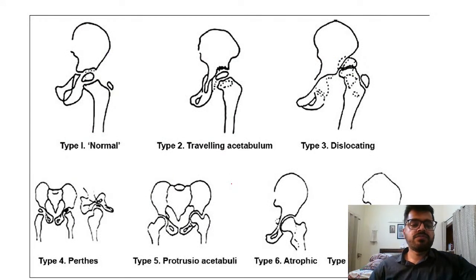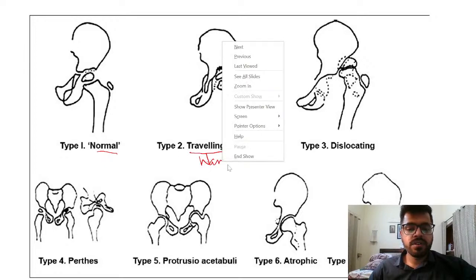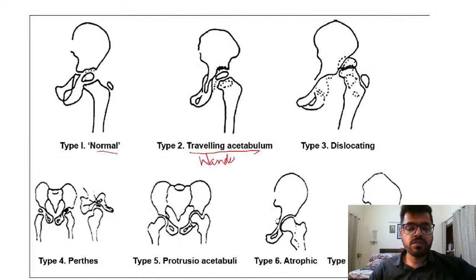Then we have another classification of TB hip. You don't need to remember this, just look at these words. This might be asked sometimes. Traveling or wandering acetabulum has been asked. Wandering acetabulum is seen in which disease? It is TB hip.